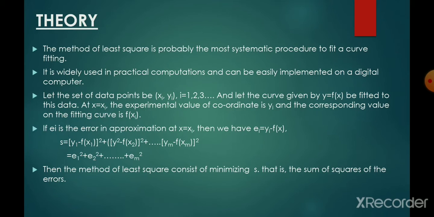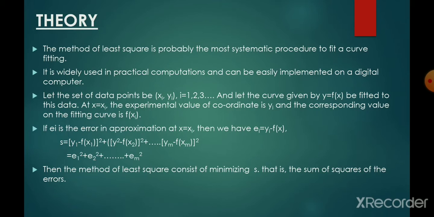If ei is the error of approximation at x equal to xi, then we have ei equal to yi minus f of xi. S equal to y1 minus f of x1 whole square plus y2 minus f of x2 whole square plus etc plus ym minus f of xm whole square.